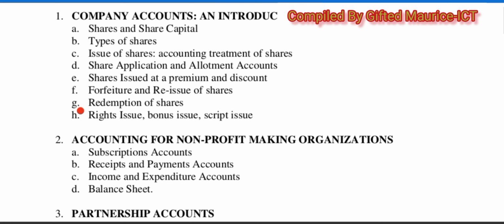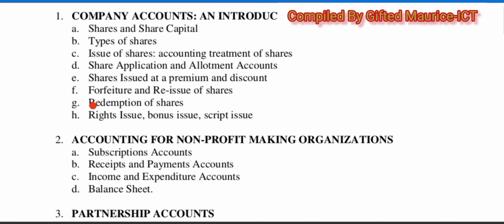So when we talk about redemption of shares, we are saying the company may decide to purchase back some of the earlier issued shares, and only preference shares can be bought back, and of course a particular class, and that class of shares will have what we call a maturity period. So that maturity period, when it lapses, then the company will buy back those shares that it had issued. So how then do you maintain the accounts of shares that have been purchased back?